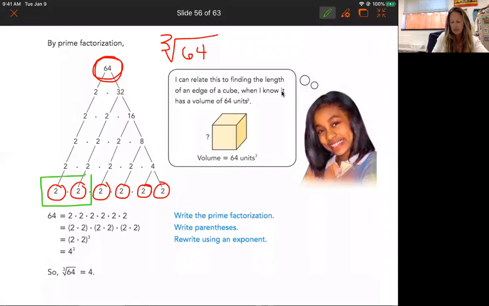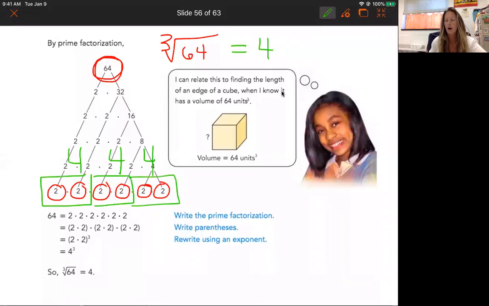So I'm going to split them up into 3 identical groups. Each group has 2 times 2 in it, so that means 4 times 4 times 4 is going to get me 64. So my cubed root of 64 is 4.